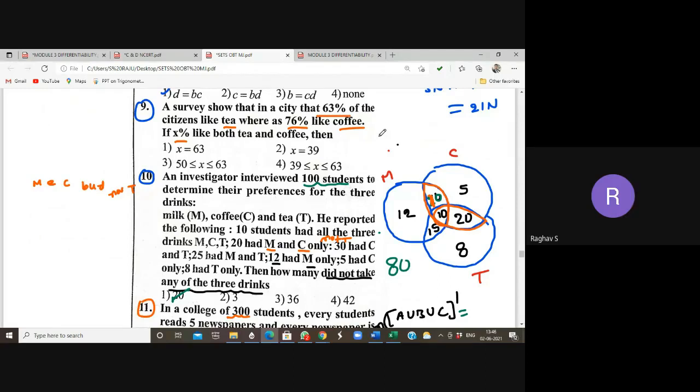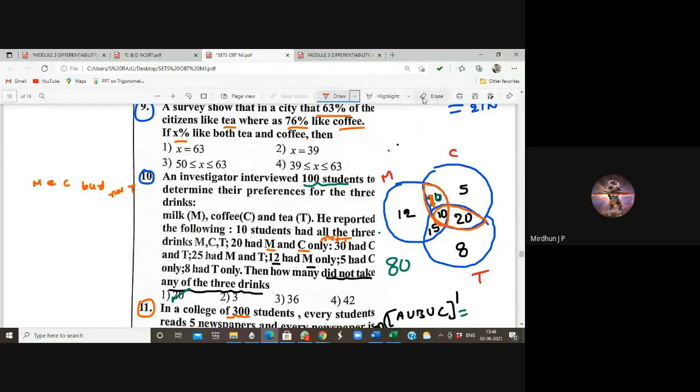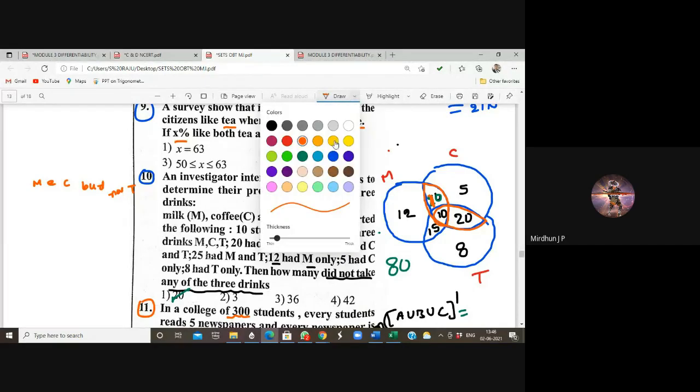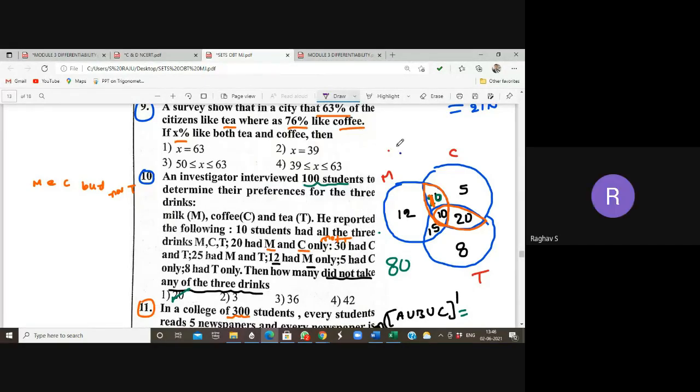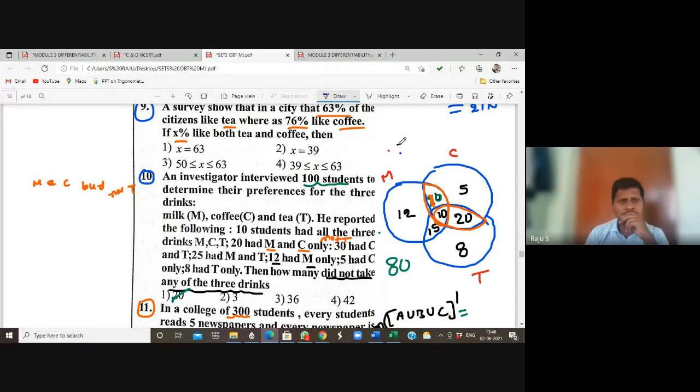The option 4, sir. Sir, like the 15th one, we did the same thing, sir. Minimum value is 39, sir. Maximum is 50, sir. Okay, minimum value 39. Maximum value 53, sir.